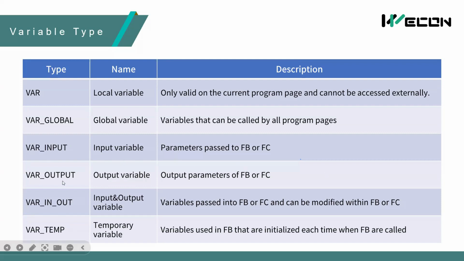And the next four types are usually used in function blocks or functions, because after we create a function block, we need to define the input parameter and output parameter. So here we can define them by setting the type to variable input or variable output.